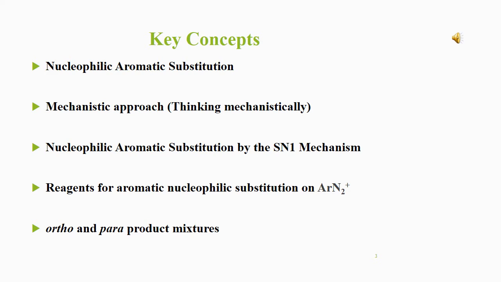So first is a brief introduction of nucleophilic aromatic substitution, the types, and then mechanistic approach, thinking mechanistically, then the retro of a few of the compounds, then nucleophilic aromatic substitution by the SN1 mechanism, then reagents for aromatic nucleophilic substitution on diazonium aromatic compounds, it is a type of SN1, then ortho and para products we shall be discussing.